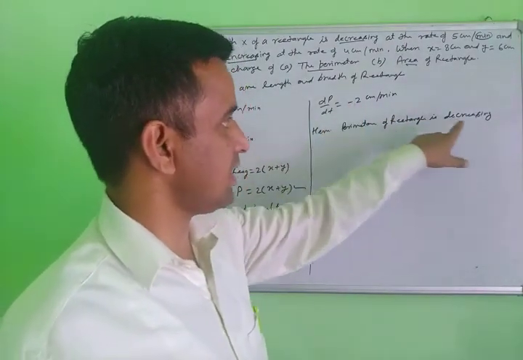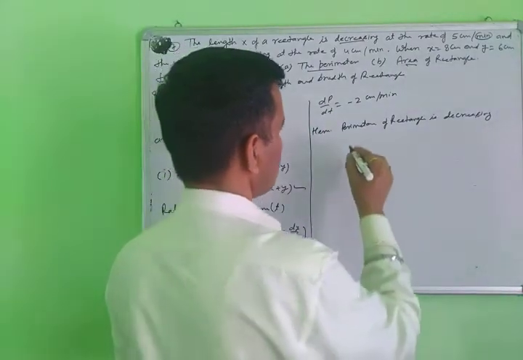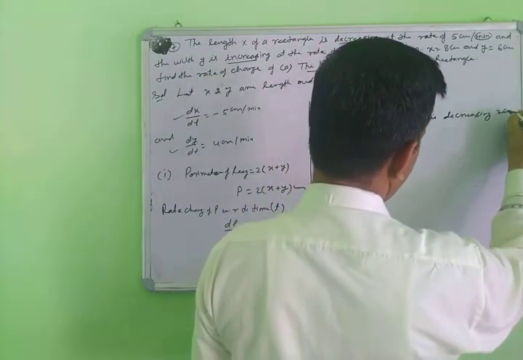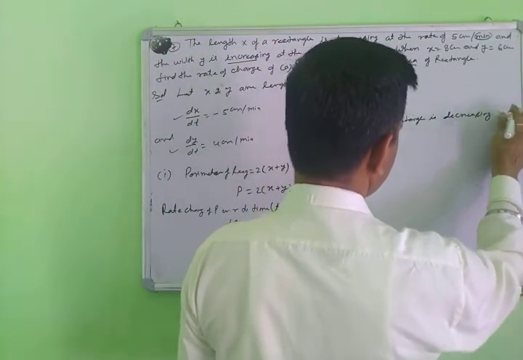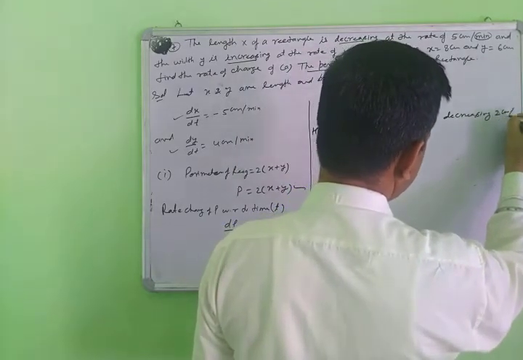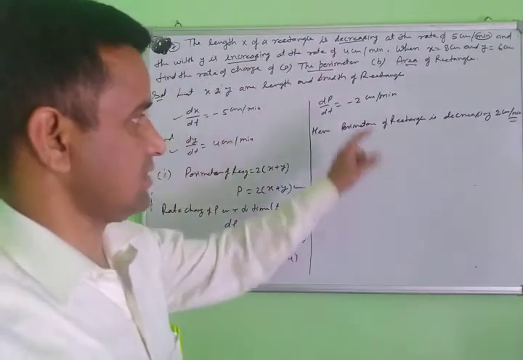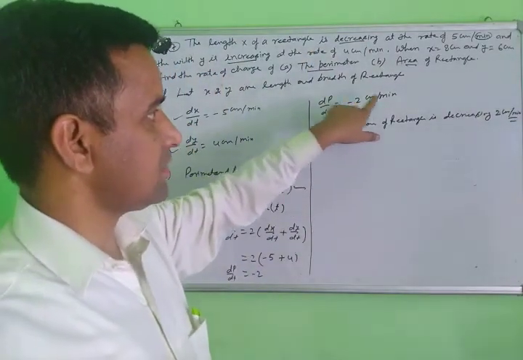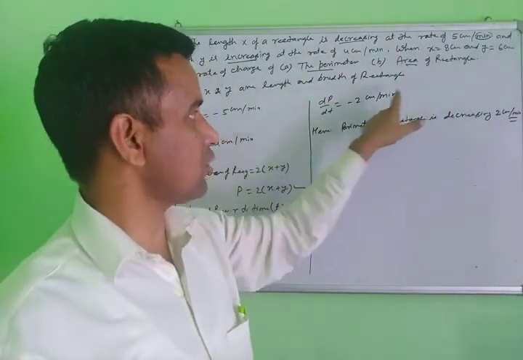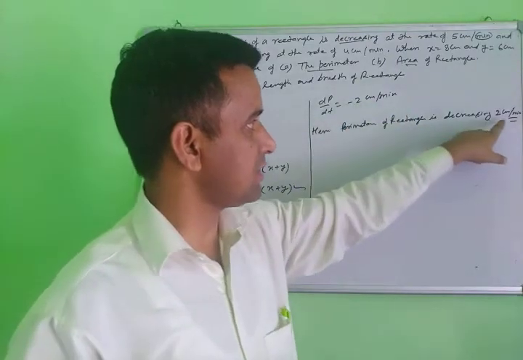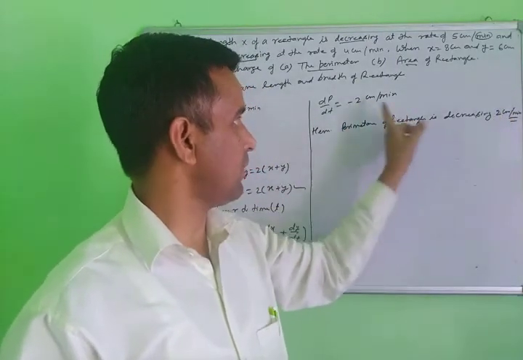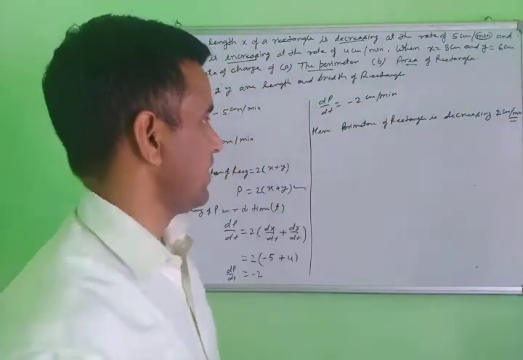Negative sign represents decreasing at the rate of 2 centimeter per minute. This is your answer. Minus sign represents decreasing.